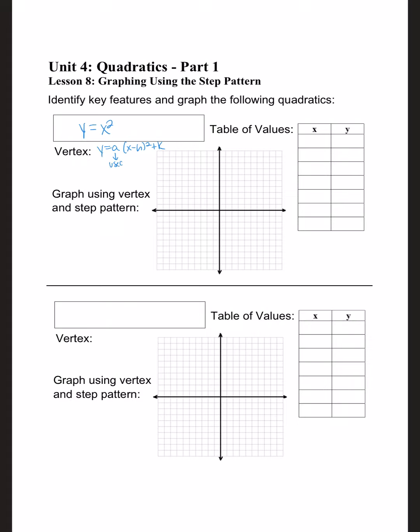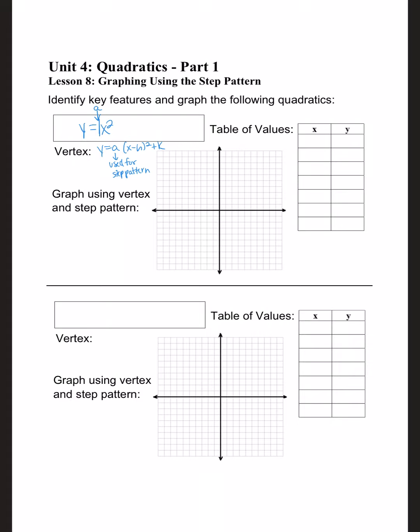We're just going to write used for step pattern. Okay, in this case, my a value is 1. So I just want to keep that in mind. A is 1, and that's the most basic step pattern we can have, if a equals 1.